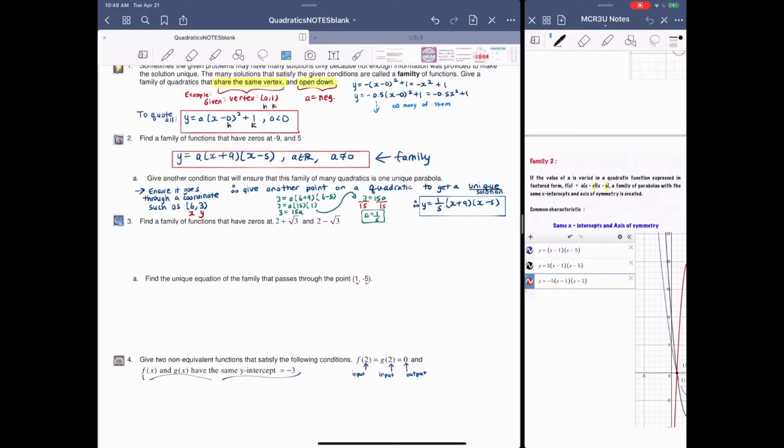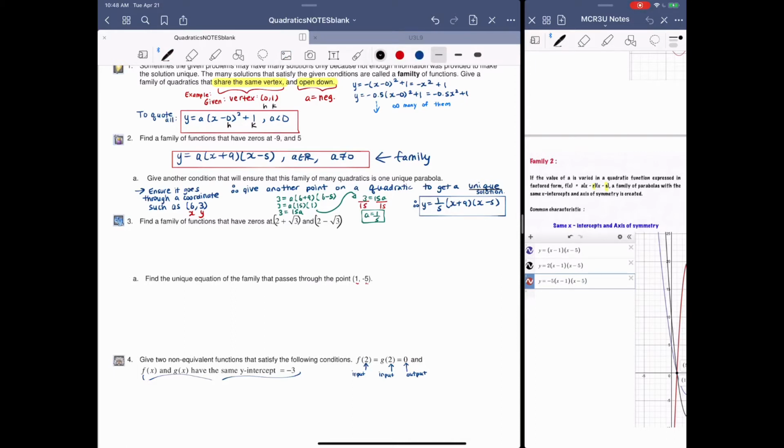Question 3. Number 3. Find a family of functions that have zeros at 2 plus square root 3 and 2 minus square root 3. Square root 3 is irrational because it cannot be represented as a fraction. I'm going to plug the zeros into the factored form, making sure that I include brackets on these expressions.